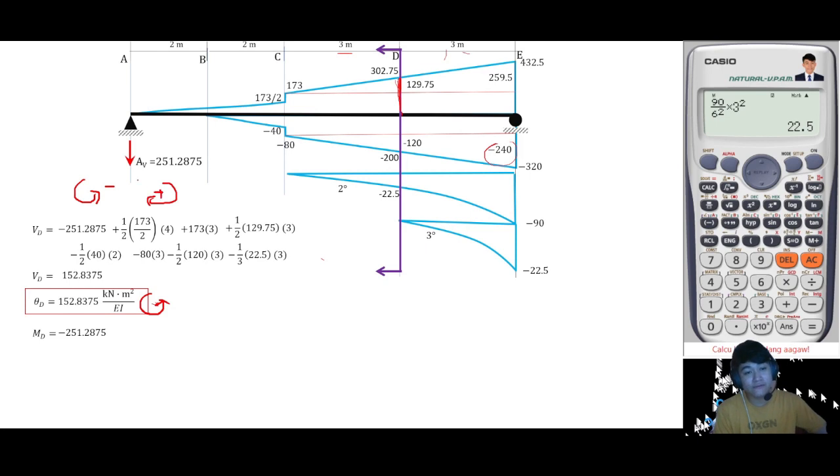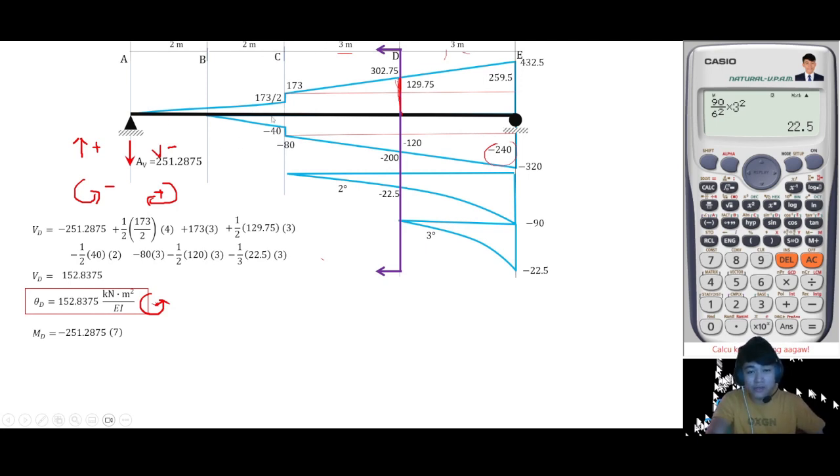Clockwise is positive. Again, for shear, upward is positive, downward is negative. Since this is counterclockwise, it will yield a negative moment. So, negative 251.2875 times 7, the total distance is 7.